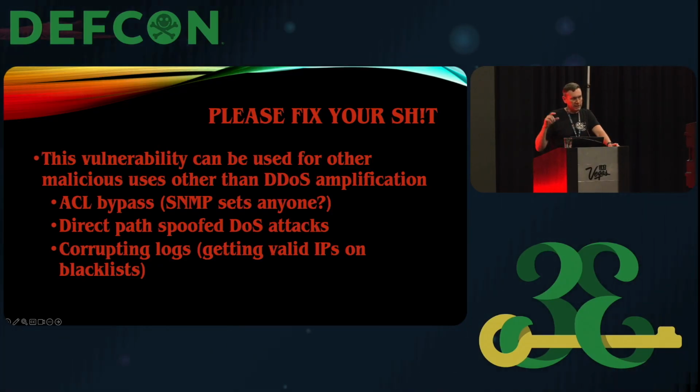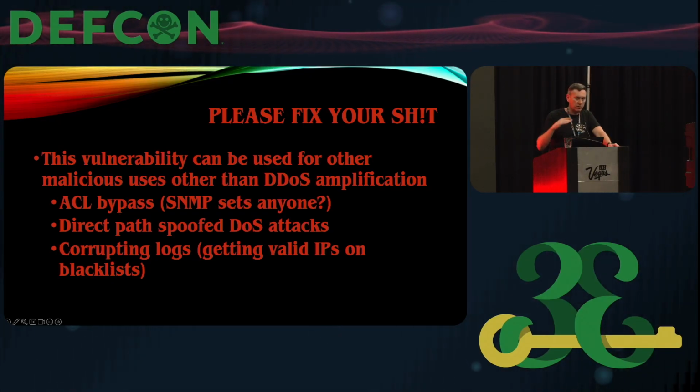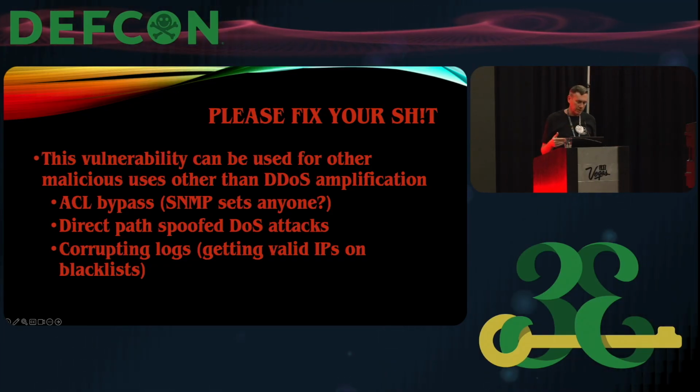But this vulnerability can be used for a lot of different things other than just doing the amplification. You can do access list bypass, especially for SNMP sets. SNMP is UDP, it's stateless. And so we put ACLs on our routers that say, only allow SNMP from these source IPs.